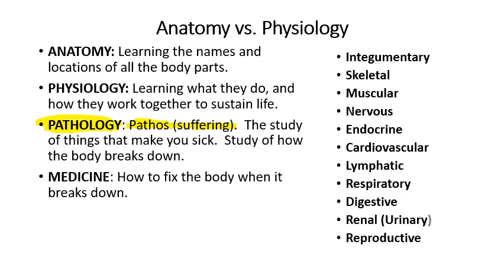One of the things that I think makes it easier to learn about anatomy and physiology is that, in anatomy and physiology, we're learning how the human body works. But if we study a little bit of pathology, which is the study of how the human body breaks down, the things that can go wrong with it, we can also learn about anatomy and physiology that way.